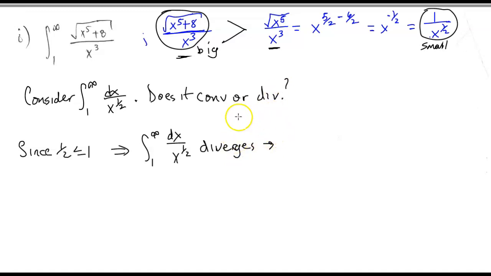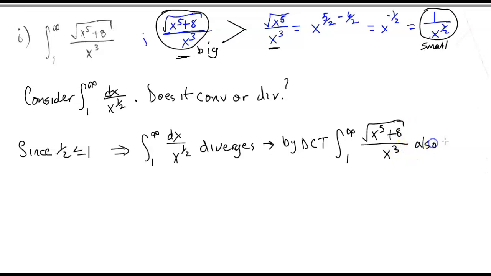And so by the direct comparison theorem, we know that the improper integral of the larger function is going to also diverge. And so that's all we have to do for that.